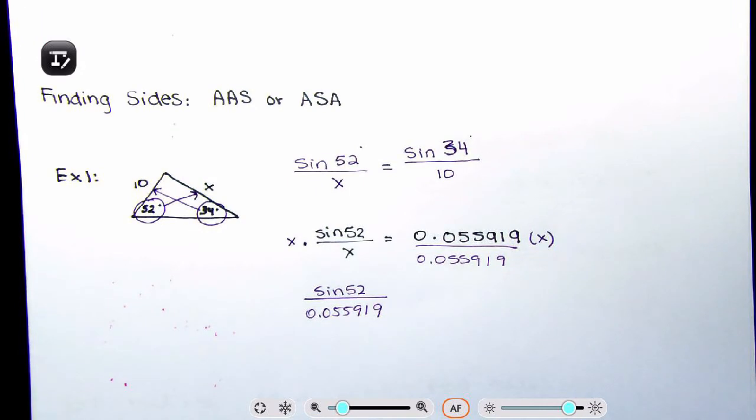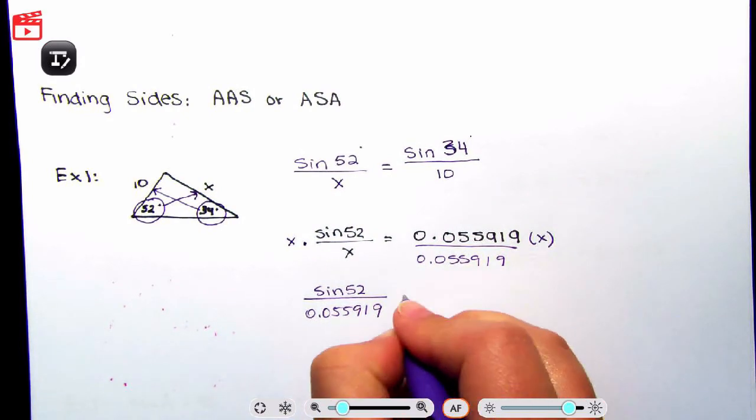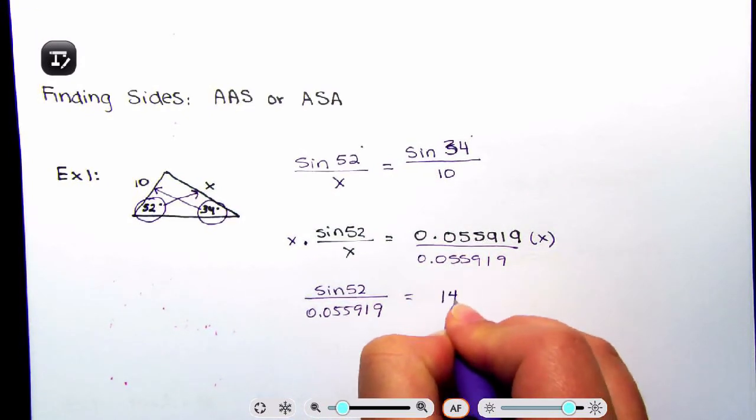So I'm going to say sine of 52 divided by 0.055919290347. My calculator tells me that x is approximately 14.1.